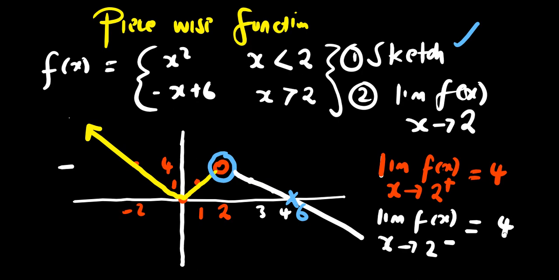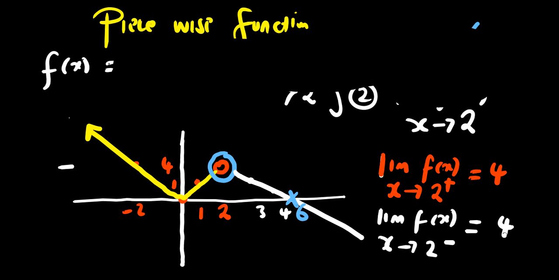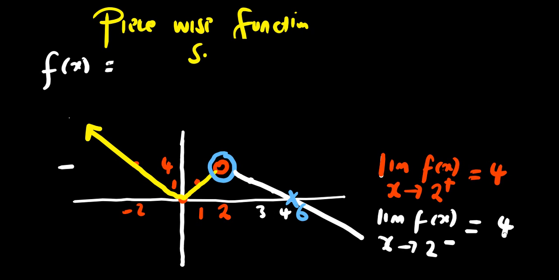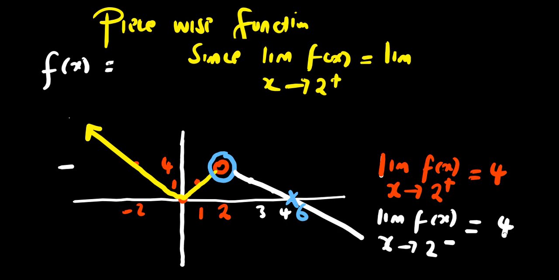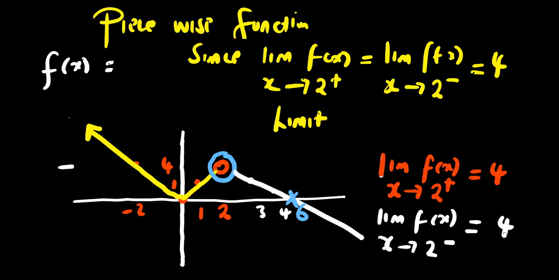So you're going to say, since the limit of f of x as x is approaching 2 from the positive side is equal to the limit of f of x as x is approaching 2 from the negative side, which is 4, therefore the limit exists.